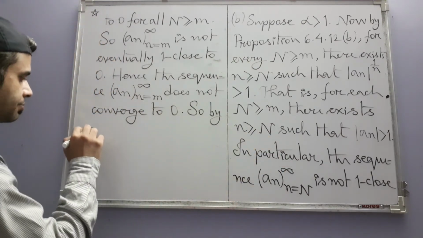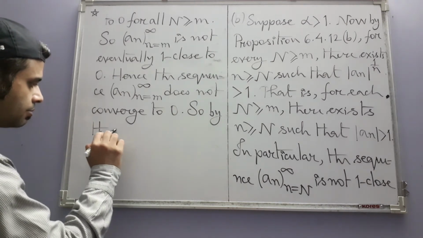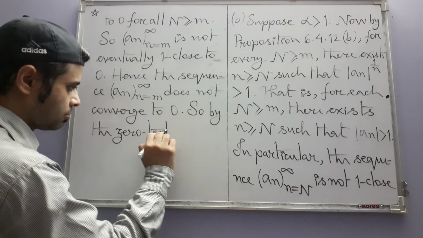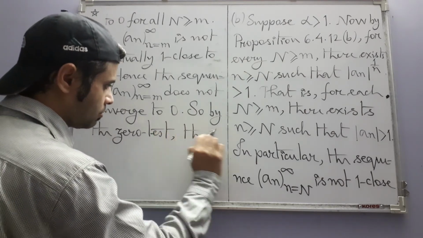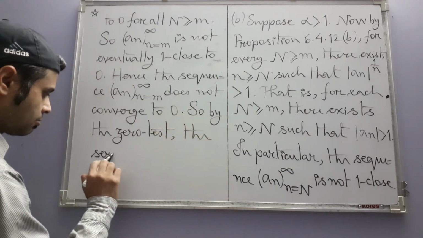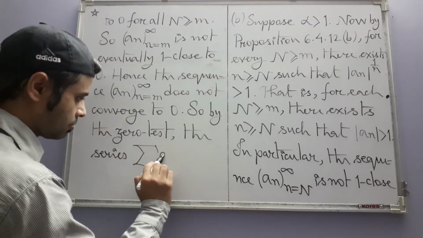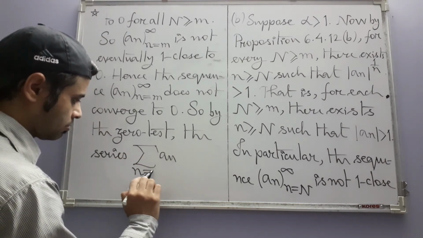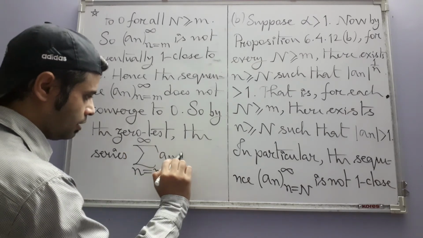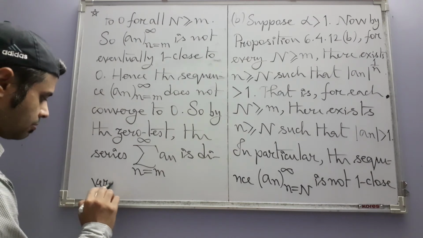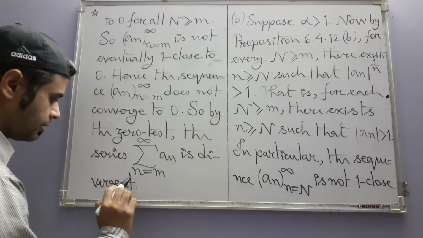So by the 0 test, the series is divergent, or conditionally divergent.